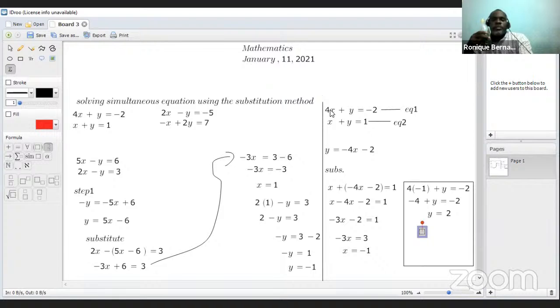If I put x here again, negative 4 plus 2 will give us negative 2. So therefore, the values are correct, right? Whichever one you rearrange, you'll get the same answer. All right, good.